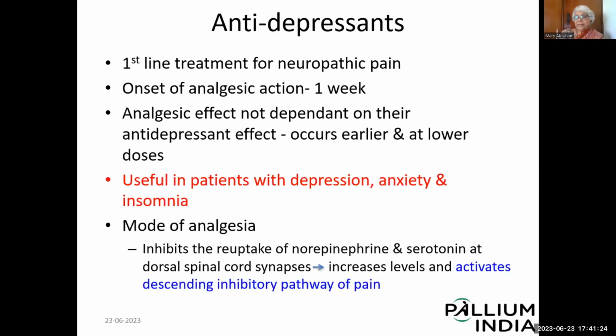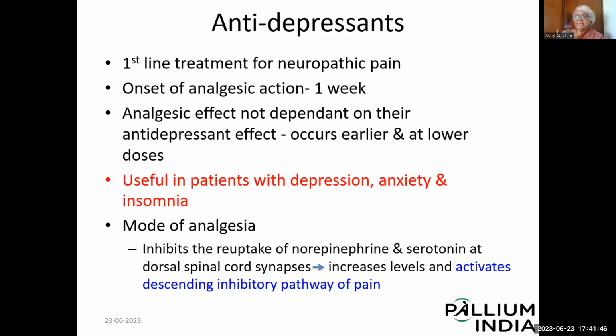Now, the other first line treatment of neuropathic pain are the antidepressants. So both anticonvulsants and antidepressants are the first line treatment for neuropathic pain. Remember that it is an antidepressant, but the analgesic effect occurs earlier and at much lower doses than that required for the depression.